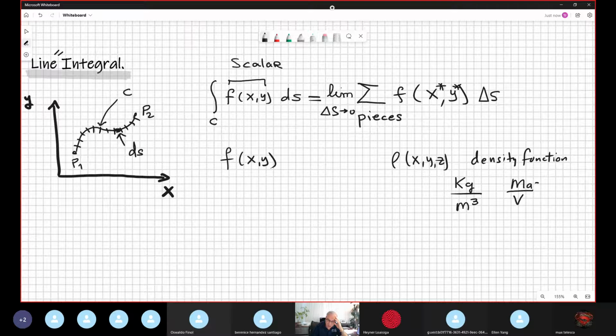Mass divided by volume. Suppose in this example the curve represents a wire, in my mind. And this wire has a mass, it's obvious, no?